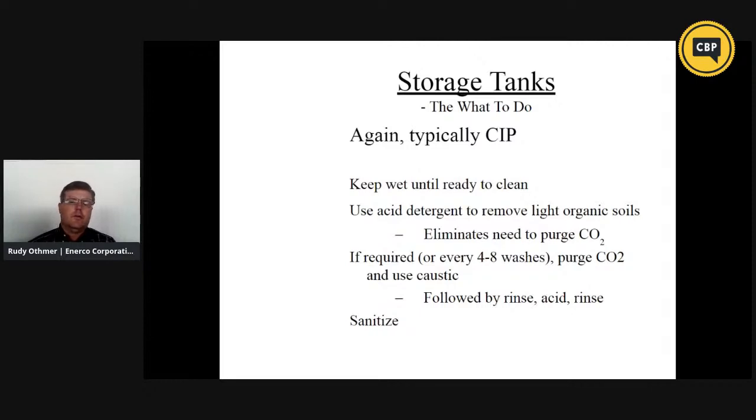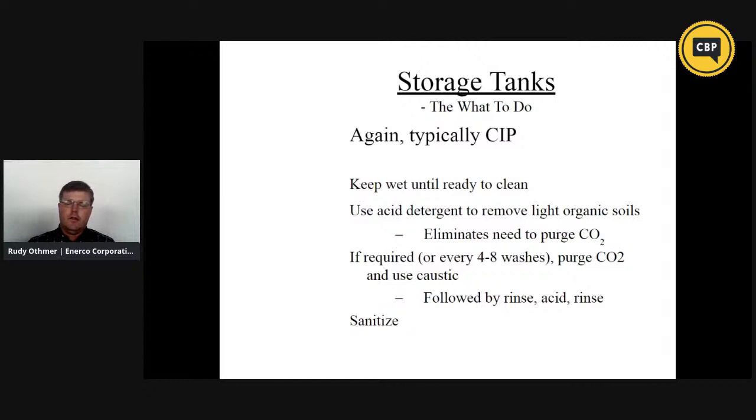Just as if you mix an acid and a caustic, we all know that's bad news, mixing a liquid caustic with the CO2 inside the storage tank will also create problems for you.